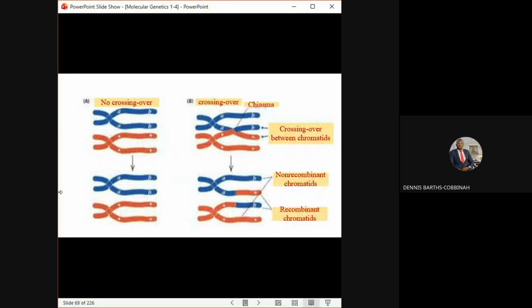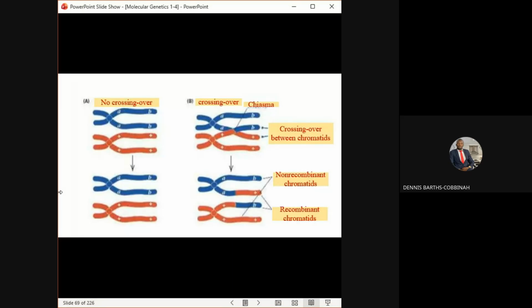So let's look at how this really occurs. We have observed it in cell division, and we can reconsider it on our screens now. We have the A portion and the B portion.